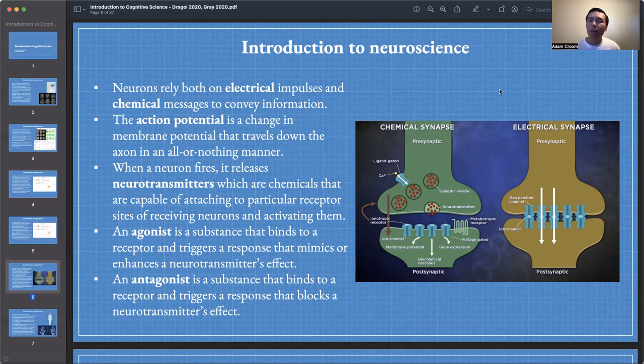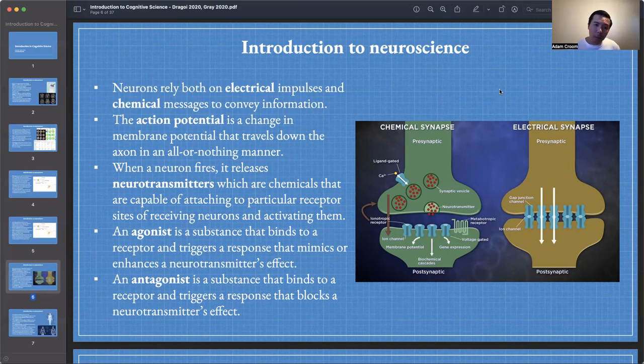And we know that we have different neurotransmitters. I'll discuss some different ones here in a few slides. But also, if you take a course on addiction or on drugs, you'll learn a lot about different neurotransmitters. And this is a very interesting topic.